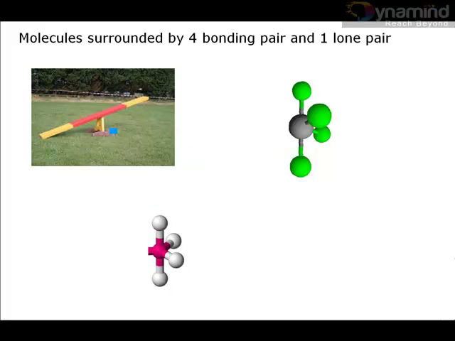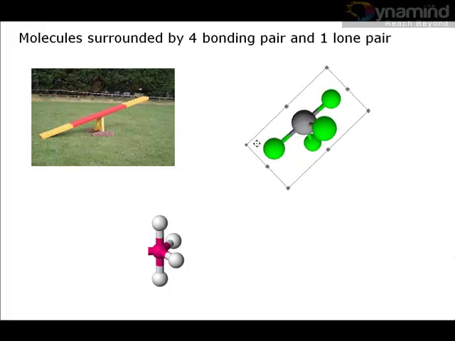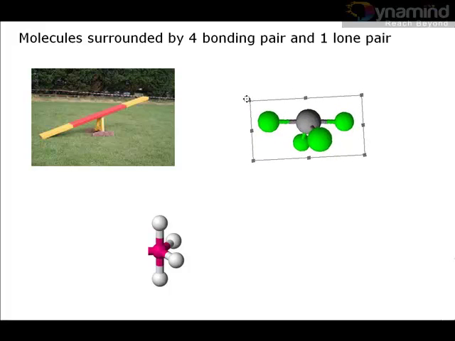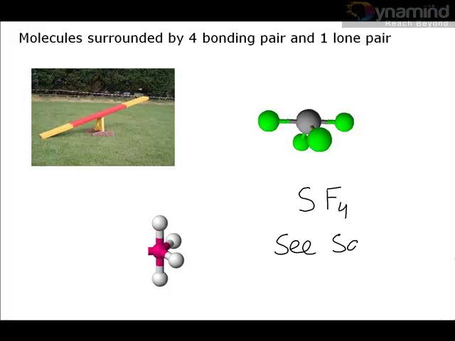This is called a seesaw shaped molecule. Why seesaw? Because this molecule, if you turn like this, it looks like a seesaw here. One example is SF4, and this shape is called, as I said, seesaw.